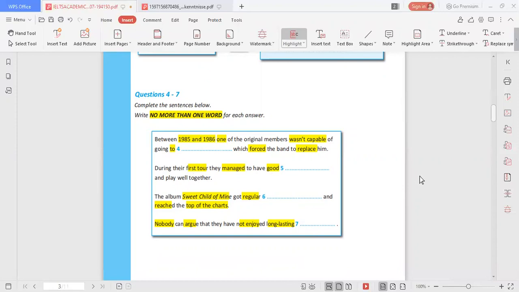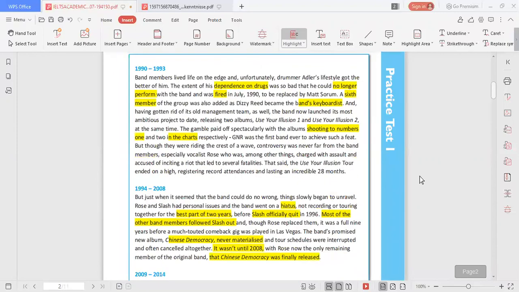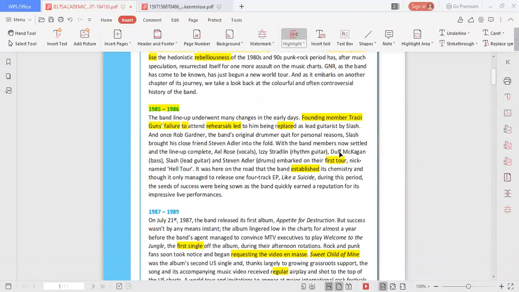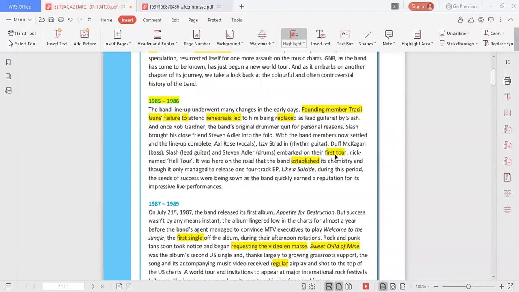So we go to the text, and then what do we find? We do see that the words first tour, okay, are here. As I said, always move on from where you left off to answer the previous questions. The previous question, we needed this sentence.